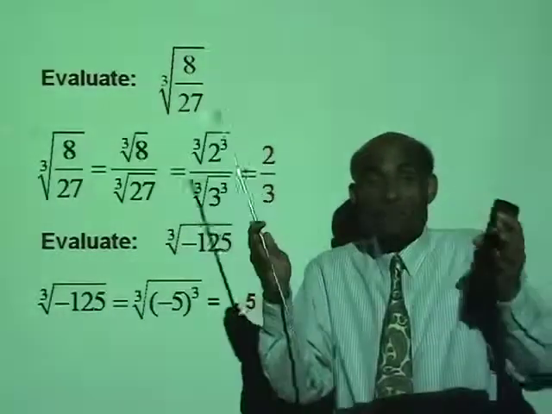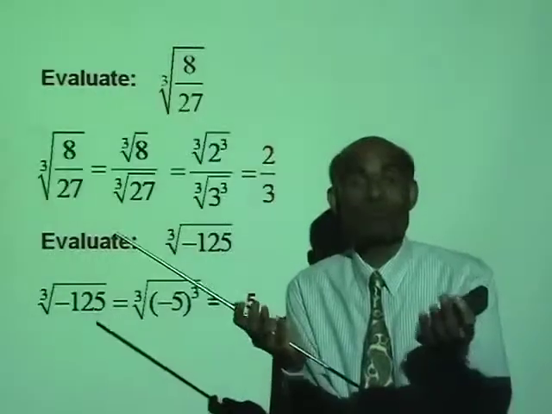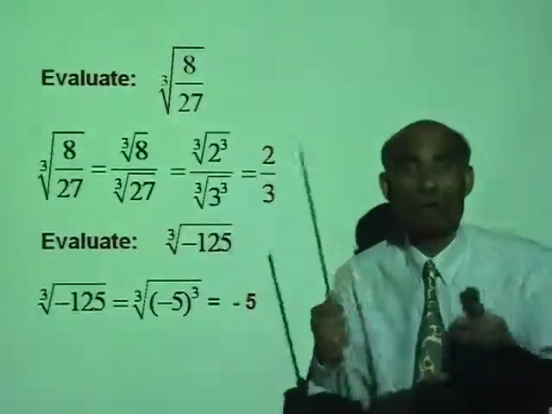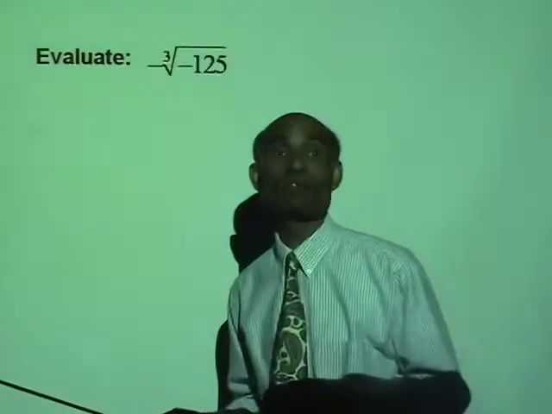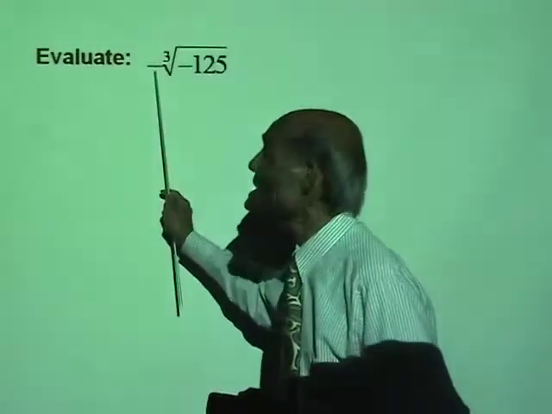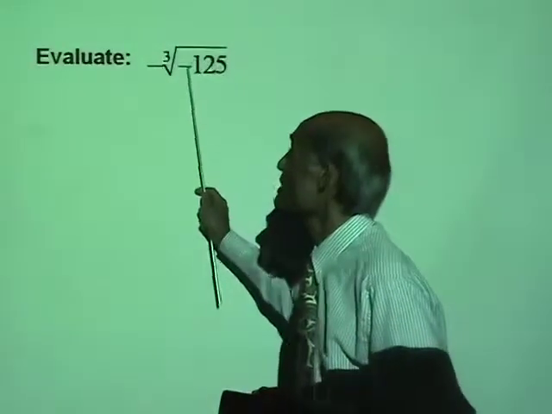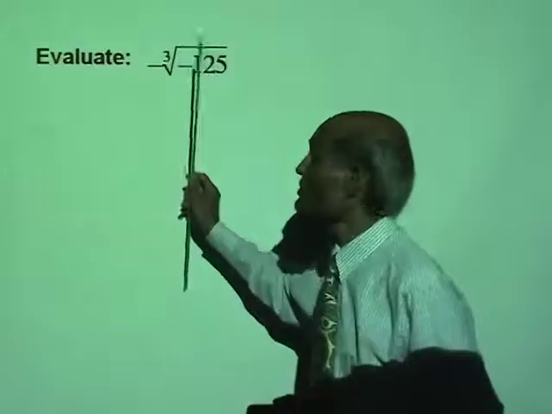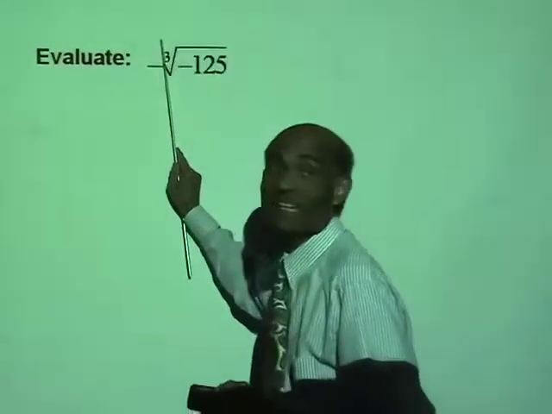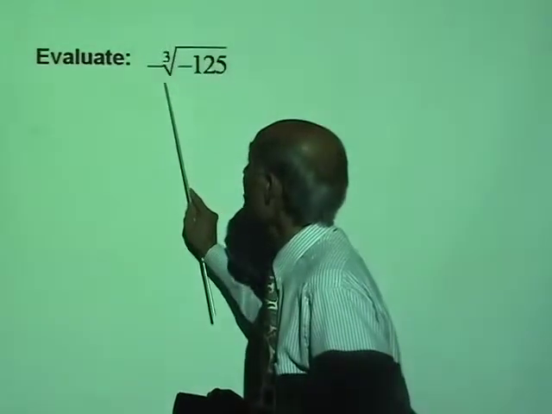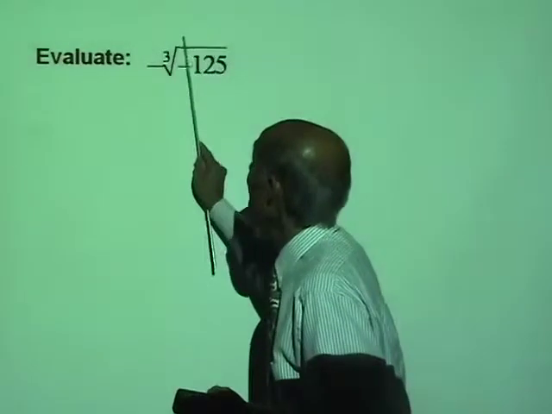All these basic principles are very important for you to understand and make it your own. Let's do another one. Find the value of negative cube root of negative 125. Well, to do this, first of all, forget about this negative. Tell me, what is the value of this? We just did this one.